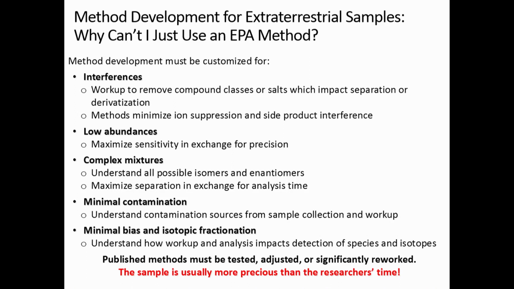One is, like I showed you with the Murchison meteorite, these are very complex, rich suites of organics, so there's a lot of potential interferences from all of the other molecules that are present. If you're targeting amino acids, you have to worry about interferences from other compound classes. So we have to do a lot of workup to remove the compound classes or salts that can impact your separation, derivatization, or detection methods.